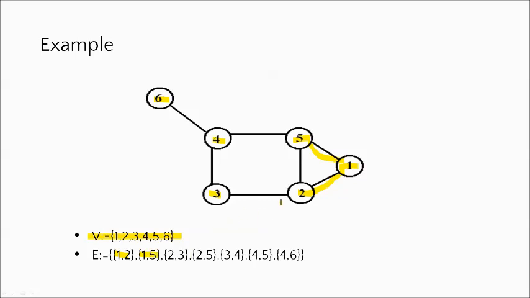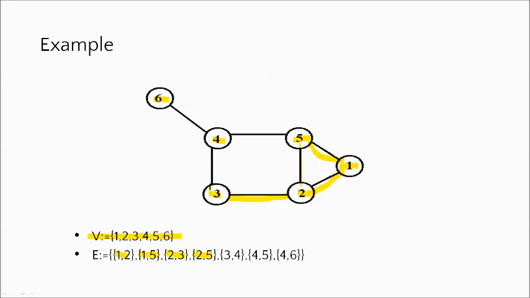Next, from 2 we have an edge connecting into 3, so we arrive at edge 2, 3. Next, we also have an edge connecting vertex 2 to vertex 5, so we have 2, 5.